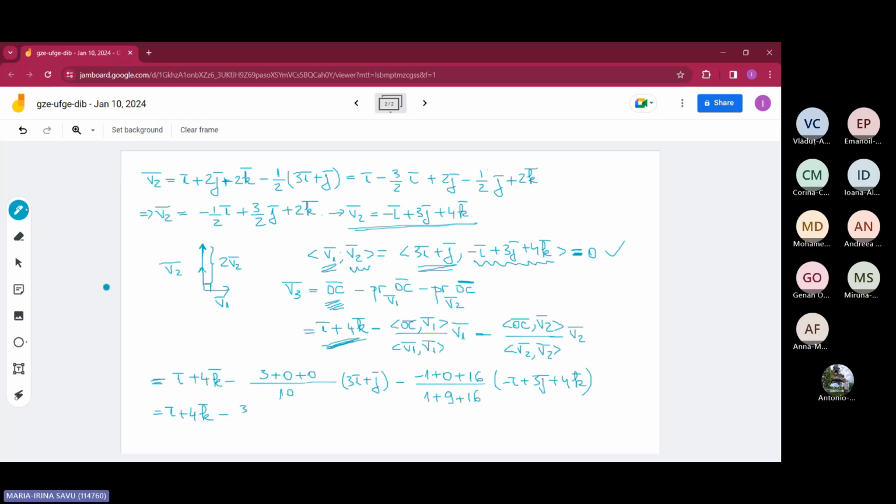I think this way: 9 over 10 i minus 3 over 10 j, and this is 15 over 26 times minus i plus 3j plus 4k, so plus i, minus 3 times 15 over 26 j, and minus 15 over 26 times 4k.